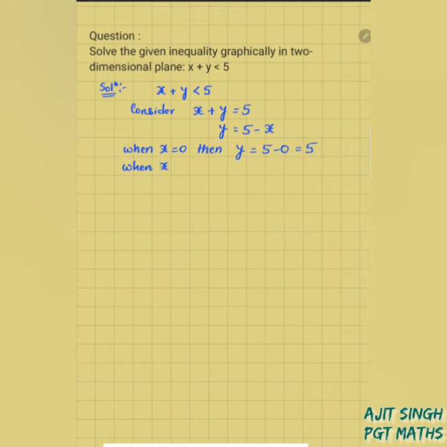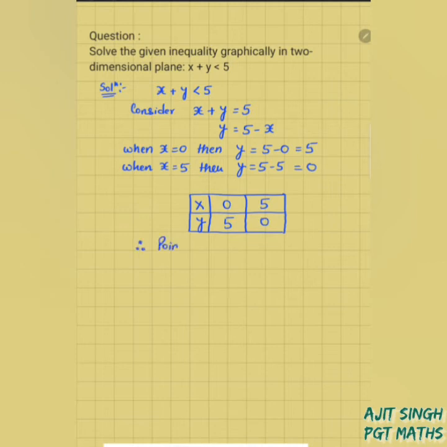So if x is equal to 5, then y is equal to 5 minus 5 equal to 0. This type of equation you have solved in class 10th. For x equal to 0, y is 5 and for x equal to 5, y is 0. Therefore the points are 0, 5 and 5, 0. These 2 points are the ones through which the line will pass.